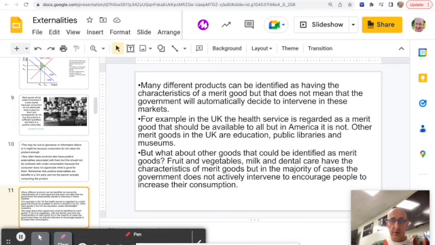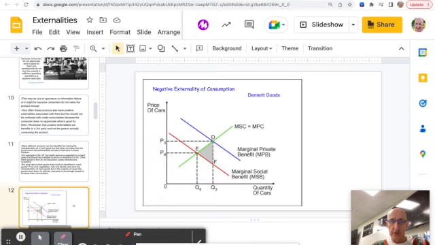Many goods are already recognized as being merit goods, but there are some things that we perhaps don't recognize as merit goods. We don't necessarily do anything about it. Going to the gym, for example, or consuming more fruit and vegetables. There's a little bit of government activity there, but not a great deal.